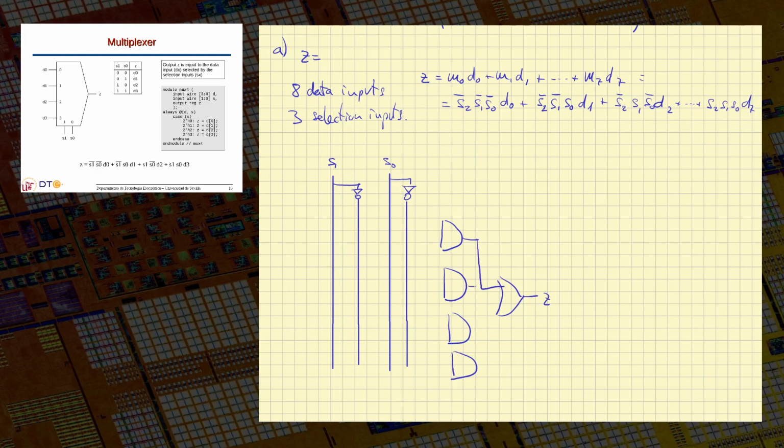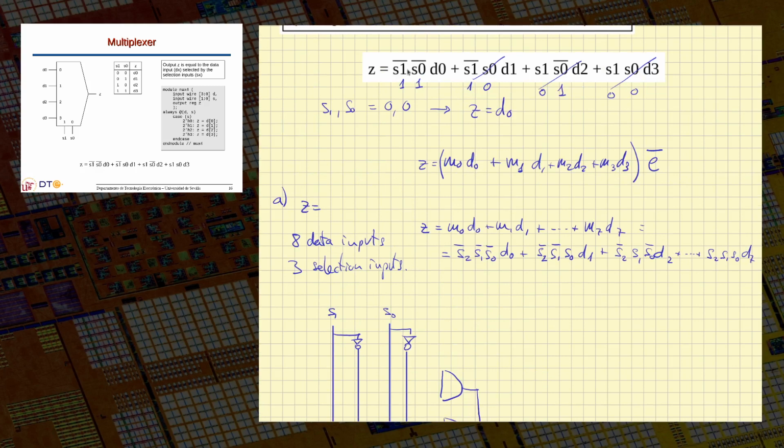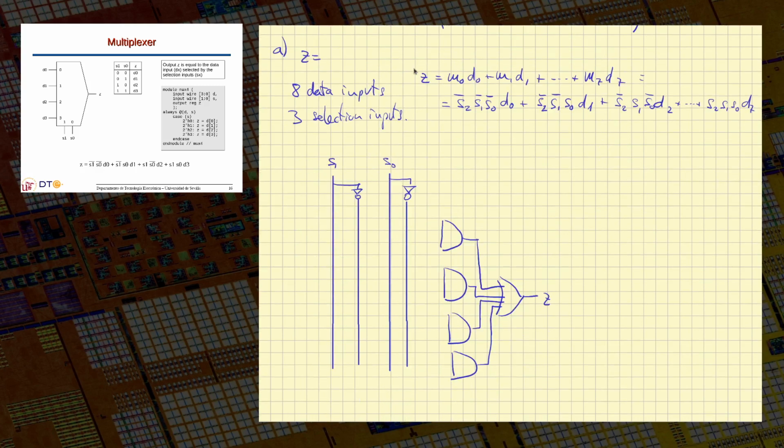This will have to be connected here. Now these terms are the first minterm, as in the expression here, S1 complemented, S0 complemented, very similar to what we did in the decoder.